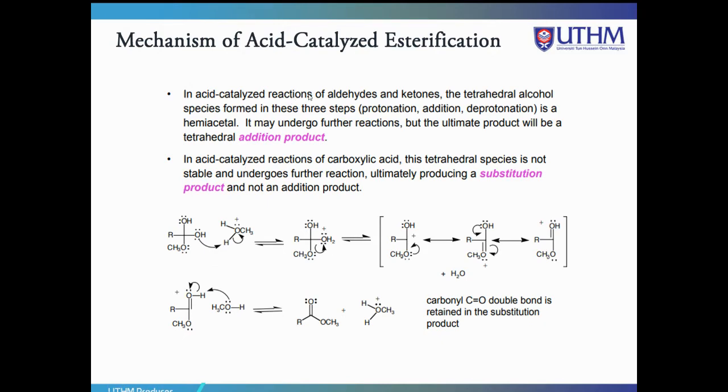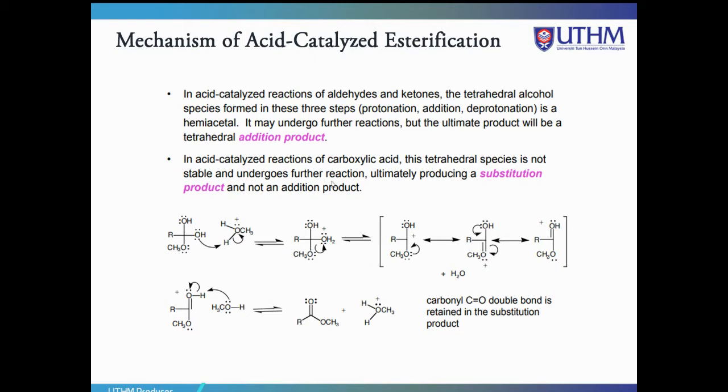In acid-catalyzed reaction of aldehyde and ketone, the tetrahedral alcohol species formed in these three steps, protonation, addition, and deprotonation, is a hemiacetal. It may undergo further reaction, but the ultimate product will be the tetrahedral addition product.